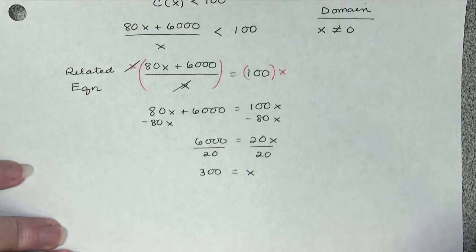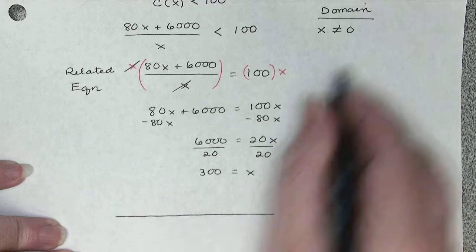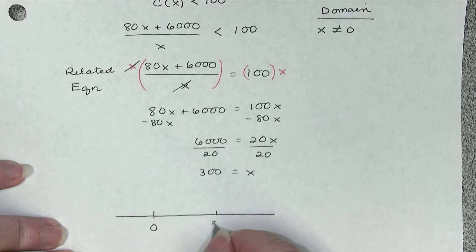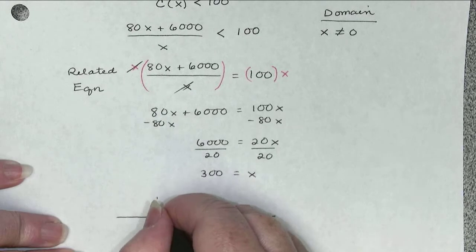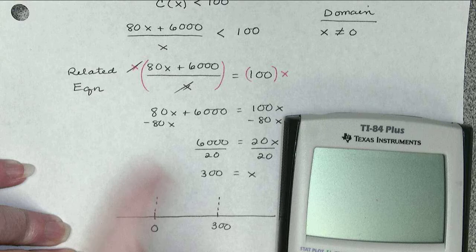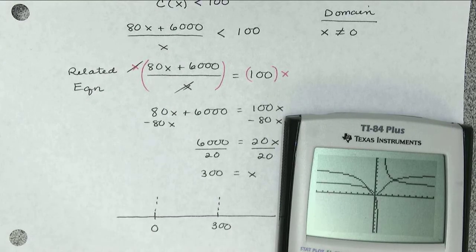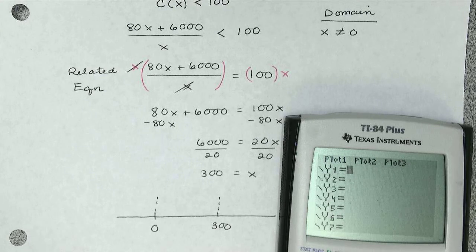If I go ahead and put that on a number line, my 0, which was the excluded value from the domain, and then the 300 that I got here from solving the related equation, I should be able to figure out when my original inequality is true. So I'm going to go ahead and put my algebraic fraction here into my calculator.